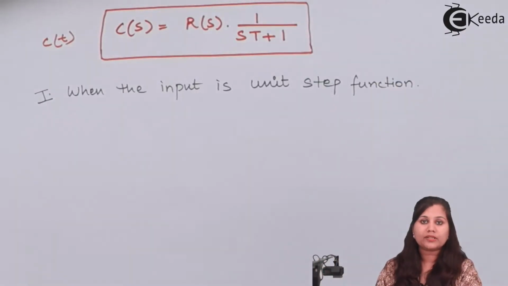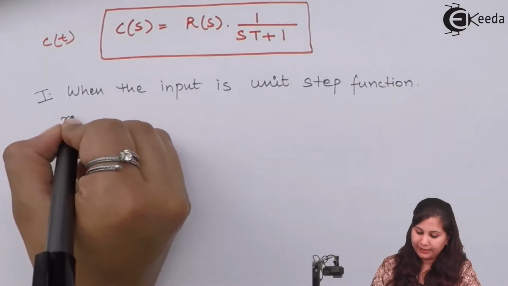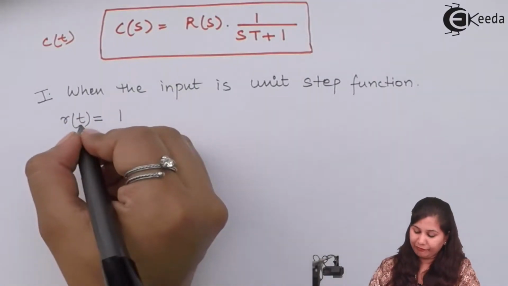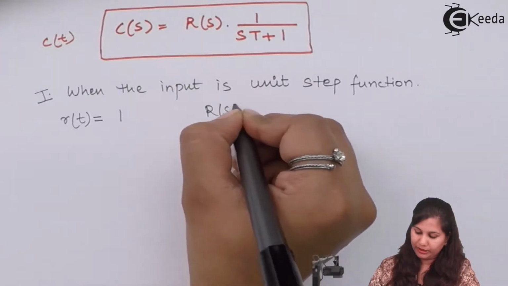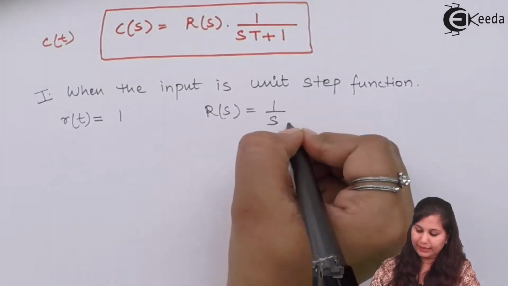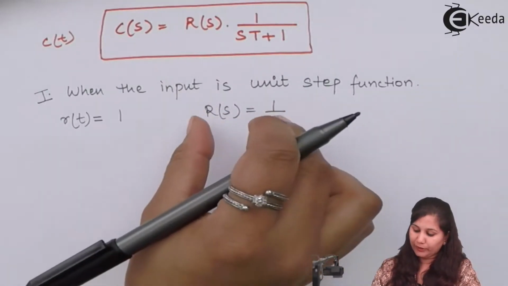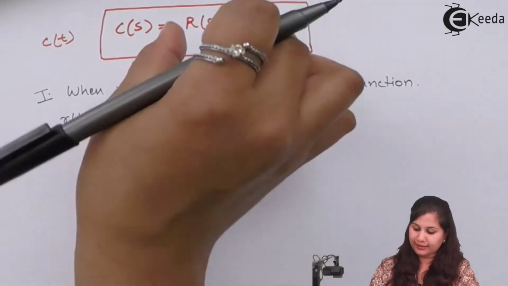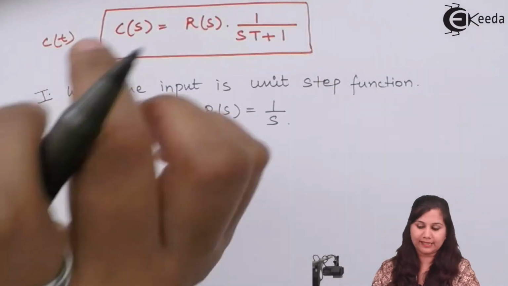So when the input is a unit step function, r(t), which is our input signal, is equal to 1. If we take its Laplace transform, it will be equal to 1 by s. So we are going to put the value of this Laplace transform R(s) in this equation and we will get C(s).